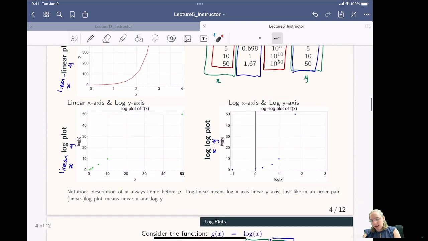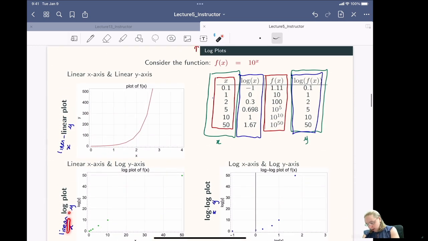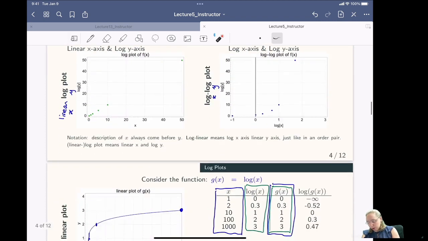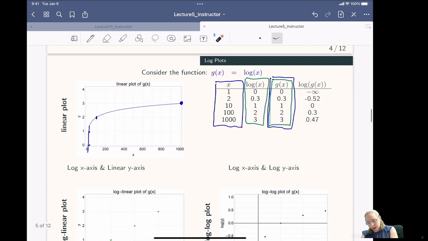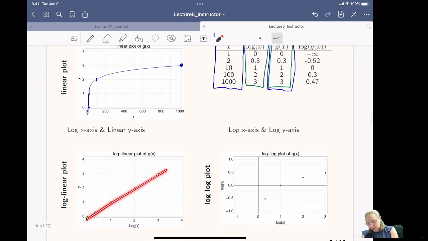So notice that if you plot a linear log plot of an exponential function, you get a line. If you plot a log linear with flipped of a log curve, you get a line. So oftentimes, when we take the log scale or a log linear plot of an exponential or log function, we'll get a line.